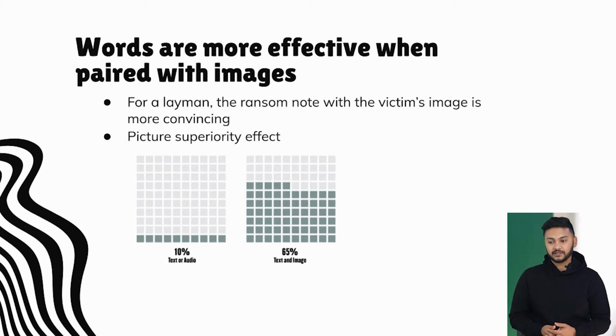This phenomenon is called picture superiority effect. So basically, if your data is coupled with images, it is more likely to stick in the mind of the readers. That's why I have used an image along with words in this slide.